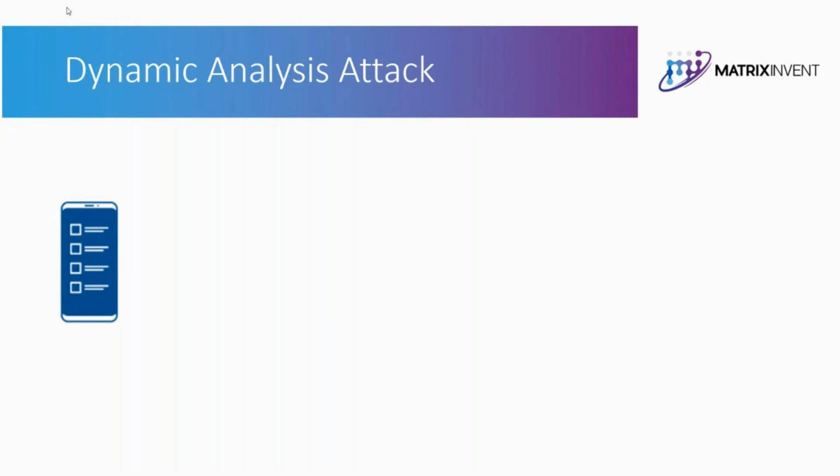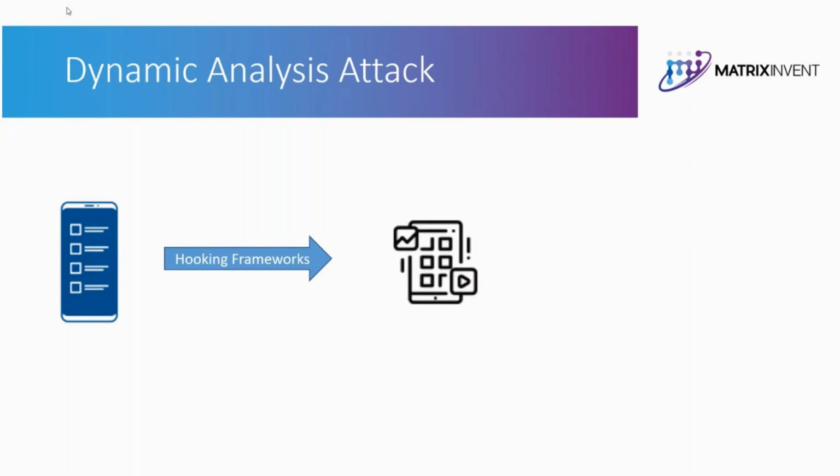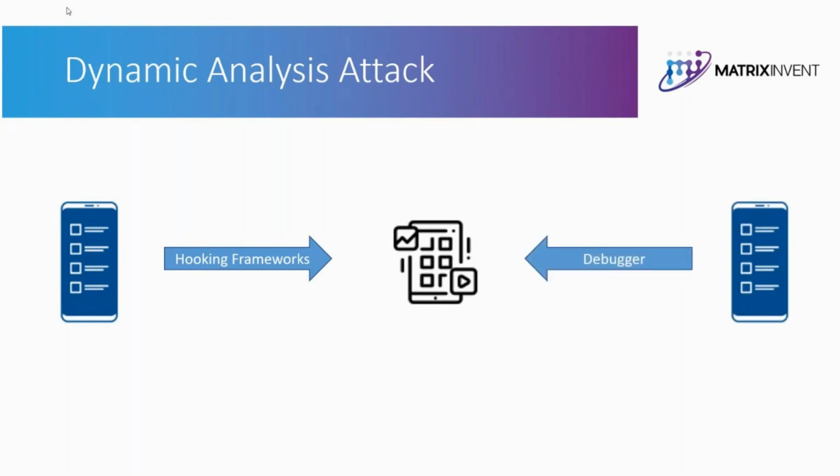Usually, the hacker will run an app on a test device where they may try to modify the way in which the application works using a hooking framework, or try to gain insight into its inner workings using a debugger. For example, a hacker may try to hook a function of the application to make a license check always pass in order to gain unauthorized access to an application.